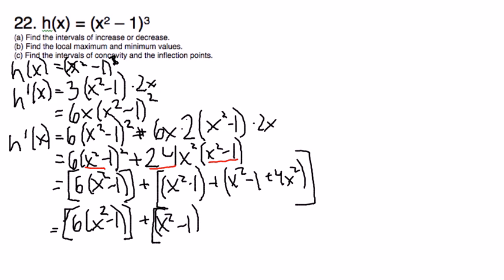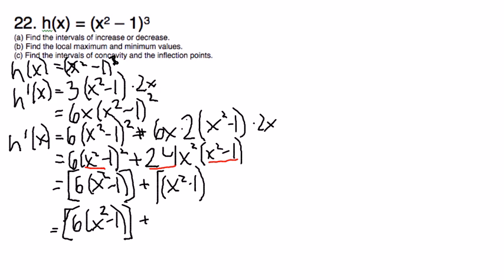I actually made a mistake here, so we're just going to erase this. It should just be plus 4x squared. And then we can combine like terms, and we will get 5x squared minus 1.